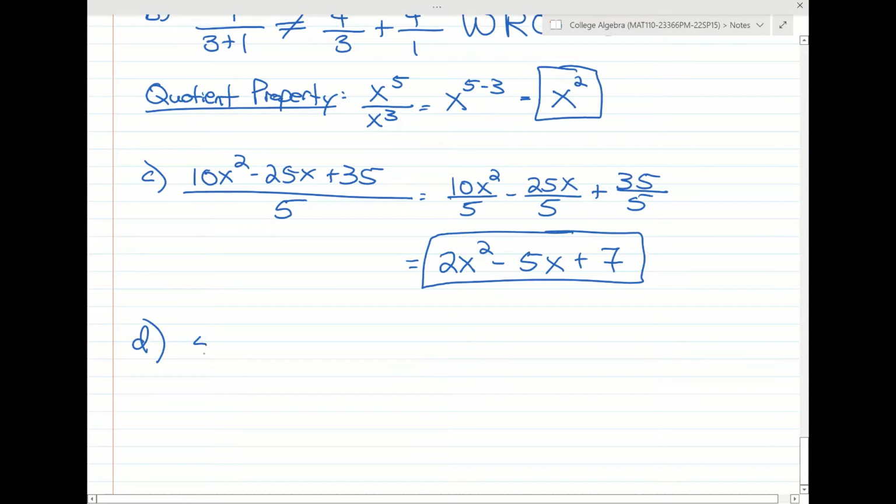What if we had 4x to the 4th minus 7x to the 3rd plus 12x squared, and we're dividing this by 4x to the 3rd?